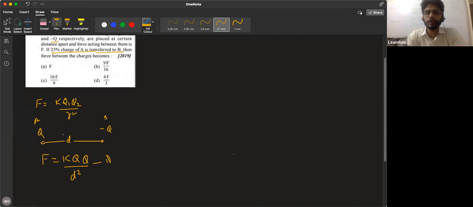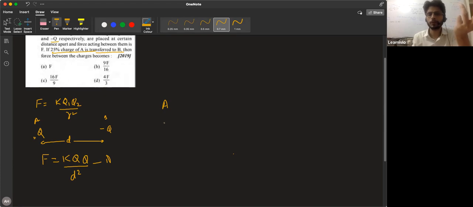If the charge on A is Q and I transfer Q by 4 charge, how much charge will remain on A? 100 minus 25, so it will be 75%, which means 3Q by 4. 25% means Q by 4.